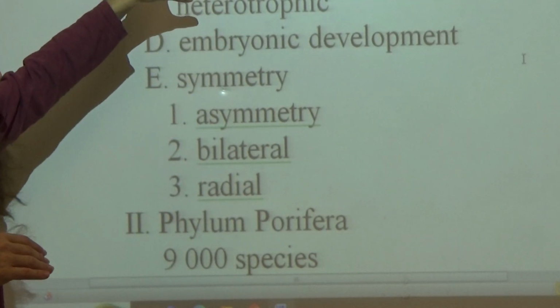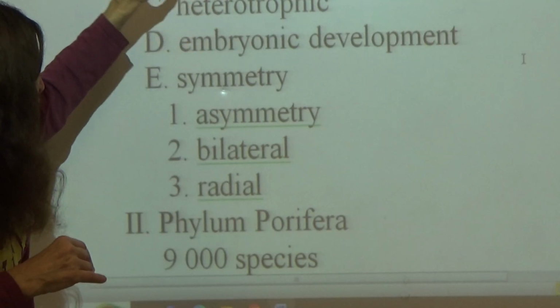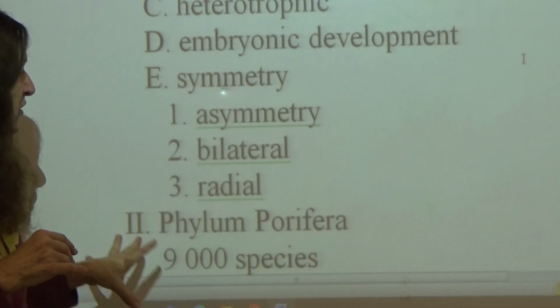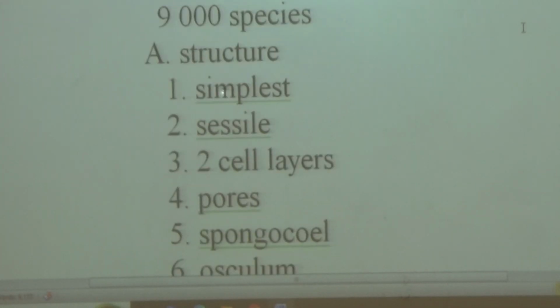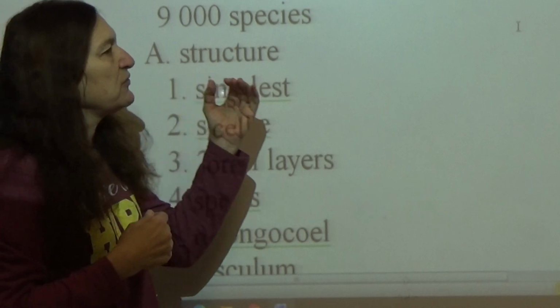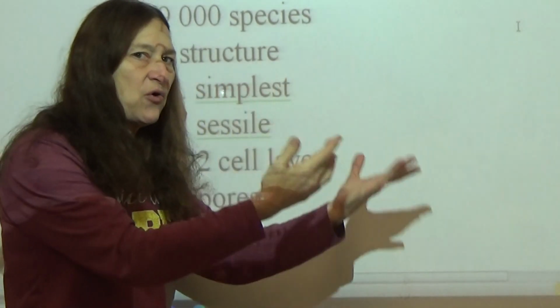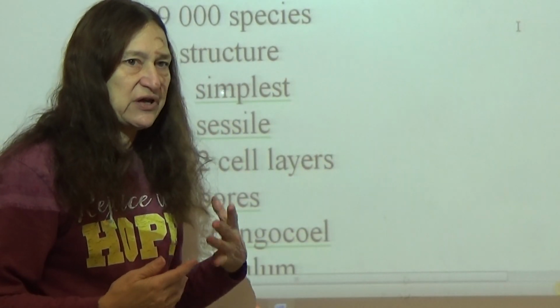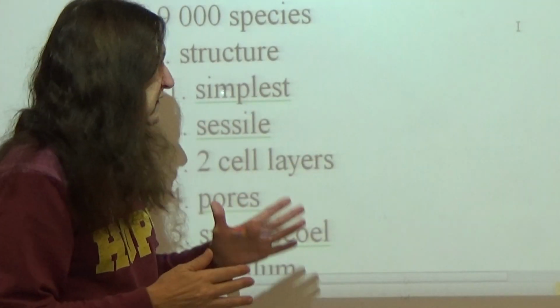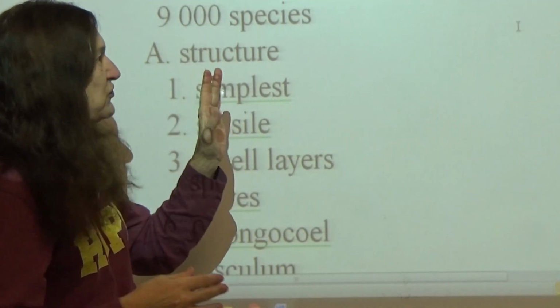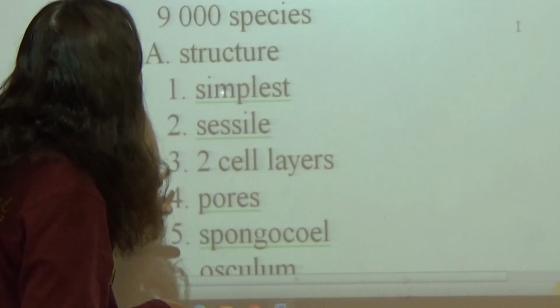We're going to have to break this kingdom down because it's so huge. So the first phylum we're looking at are the Porifera. And again, you'll see that there's going to be similarities in how I go through these notes. Just like we did with the fungi, we broke it down and we looked at some of the same things about it, so you can compare some of these things.